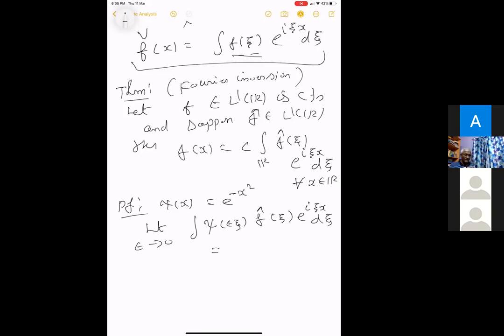We want to get that the limit as epsilon goes to 0 of the integral with chi of epsilon xi against f hat equals some constant times f of x. That's what we want. This is my claim.